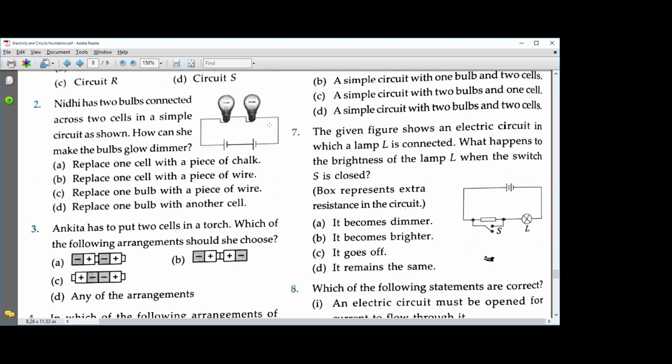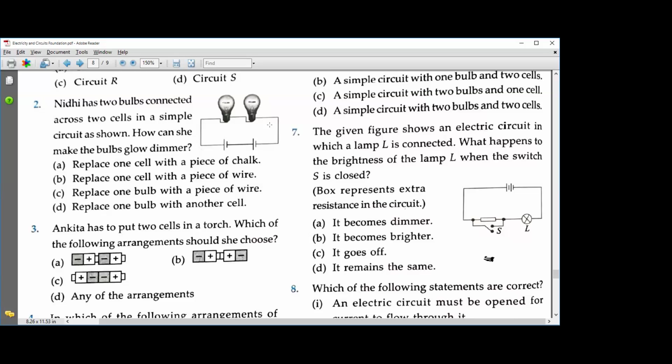Ma'am, which one is correct for the eighth one? B. Okay. And for question 7, what happens to the brightness of lamp L when the switch is closed? See, the switch is fixed to the extra resistor, and assume that this resistor is always in on condition.